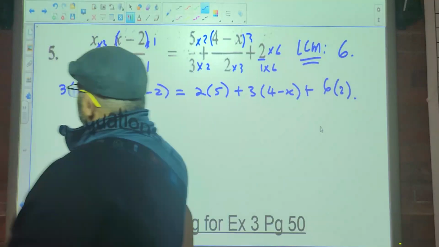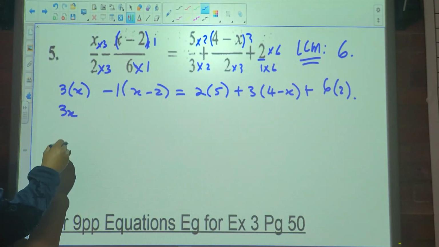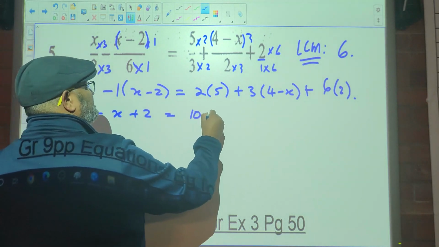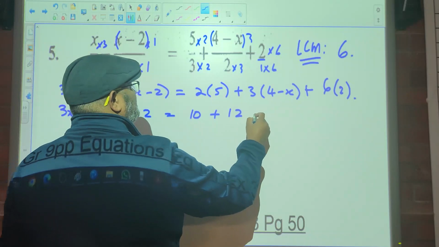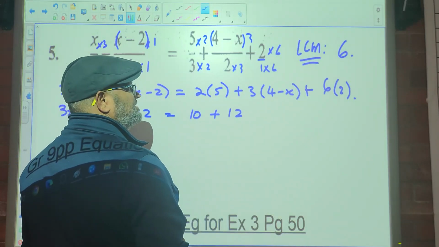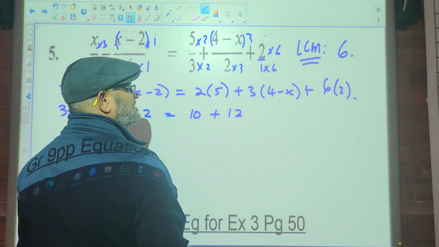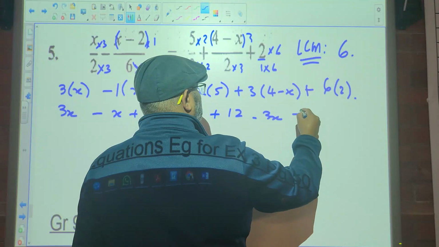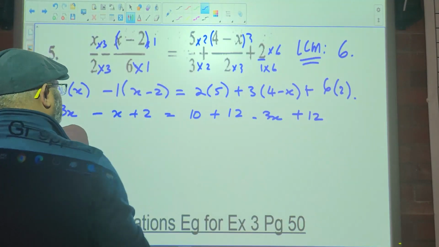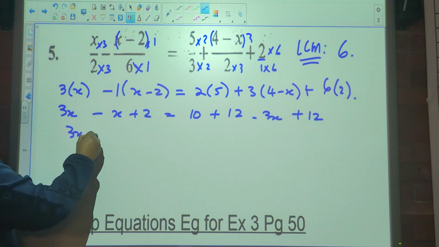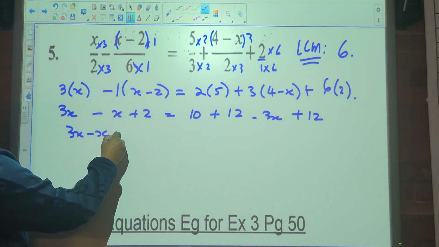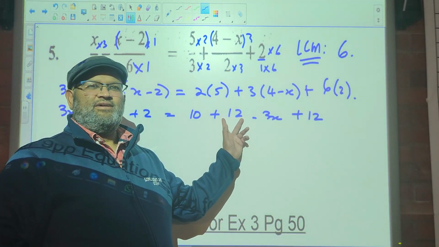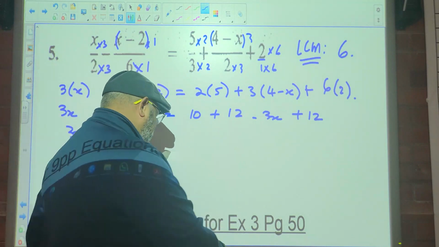Right, carry on. 3x minus x plus 2 is equal to 10 plus 12 minus 3x plus 12. Right, carry on. Then you are saying there's a 12x here. It's actually 12. So that's your mistake, okay?